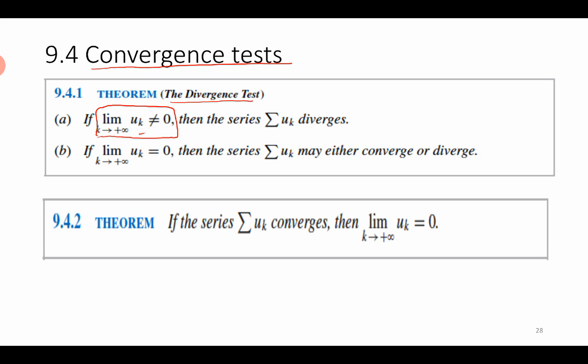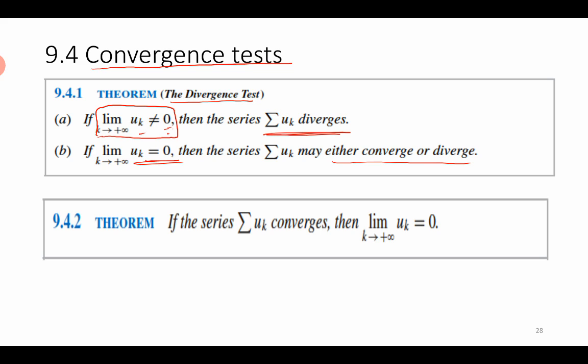If the limit is non-zero, either any non-zero number or infinity, then the series diverges. But if it is zero, it does not conclude anything. The series can be either convergent or divergent.